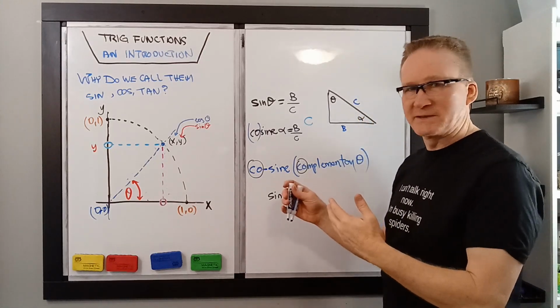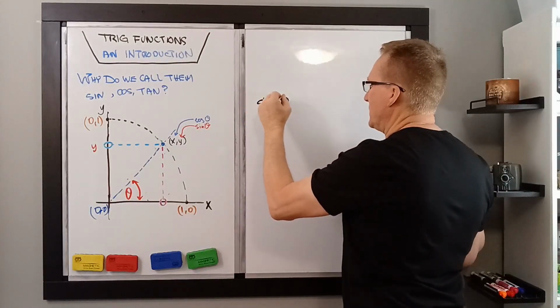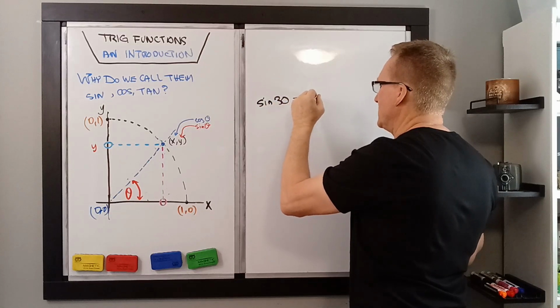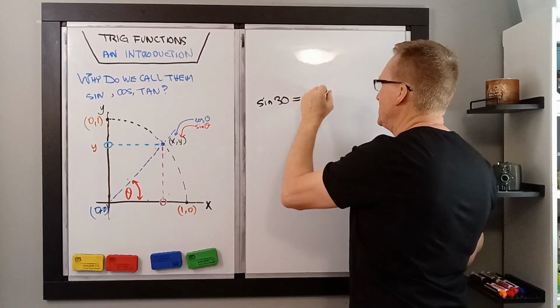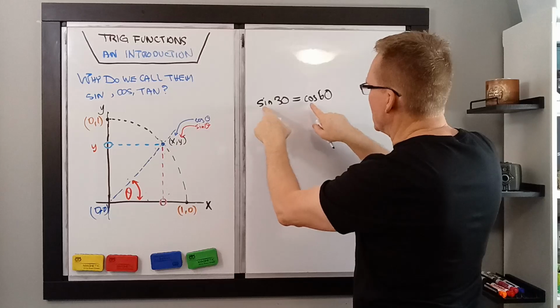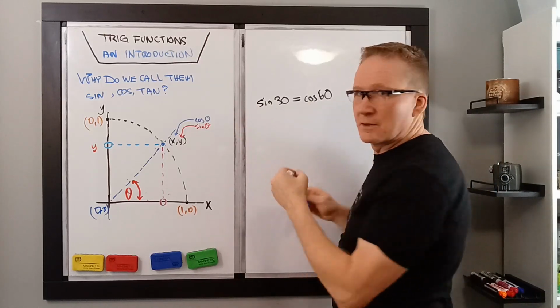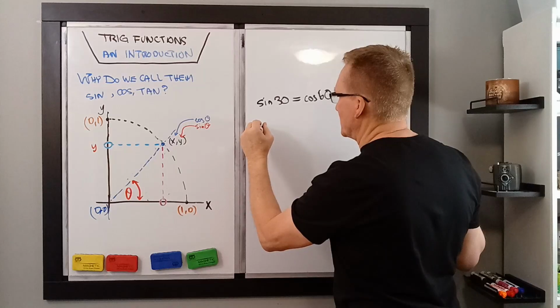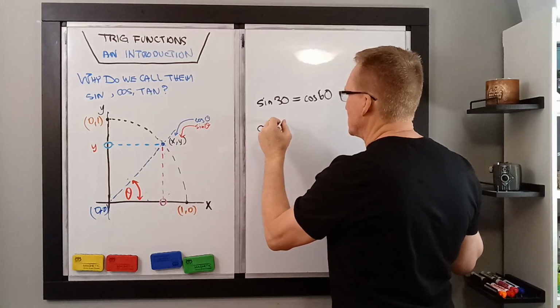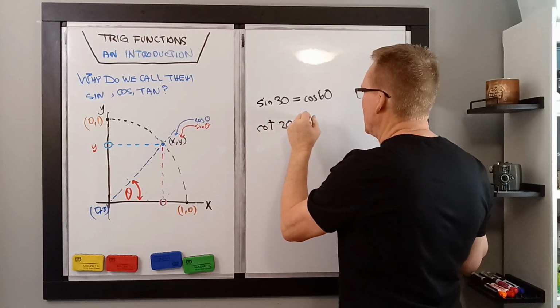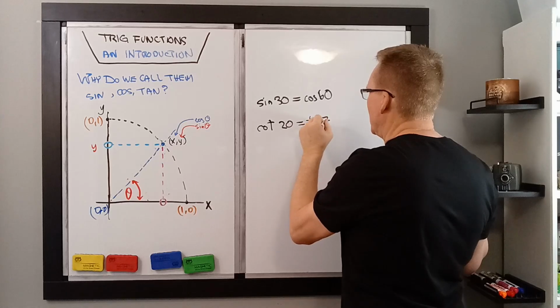I'll give you a couple of quick examples. The sine of 30 degrees would be equal to the cosine of 60 degrees, because these are complementary angles. Those are complementary functions. Or if you want to use the other things that I've introduced to you, the cotangent of 20 degrees is going to be the same as the tangent of 70 degrees.